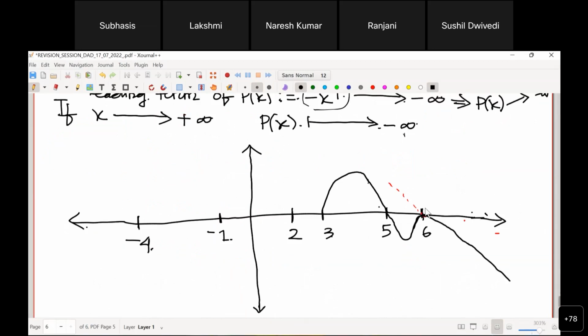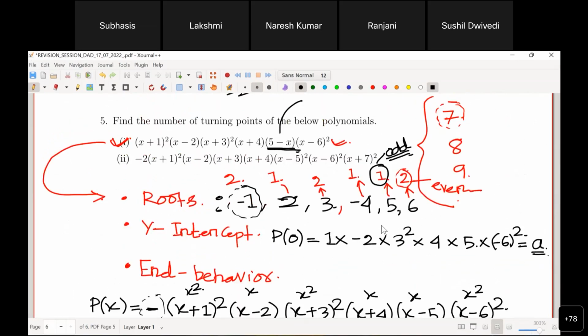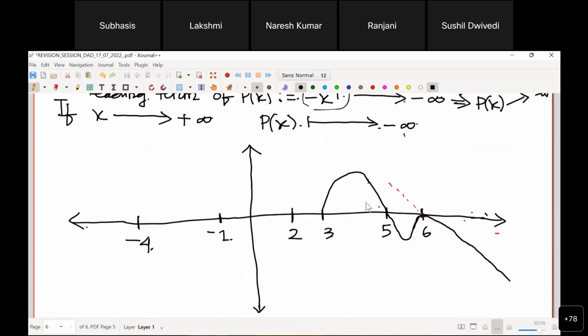Again I have to check the multiplicity of 3, and the multiplicity of 3 is 2, which is even. That means again it will bounce back. So it will come like this, and it will bounce back, and again it will come to 2, right?